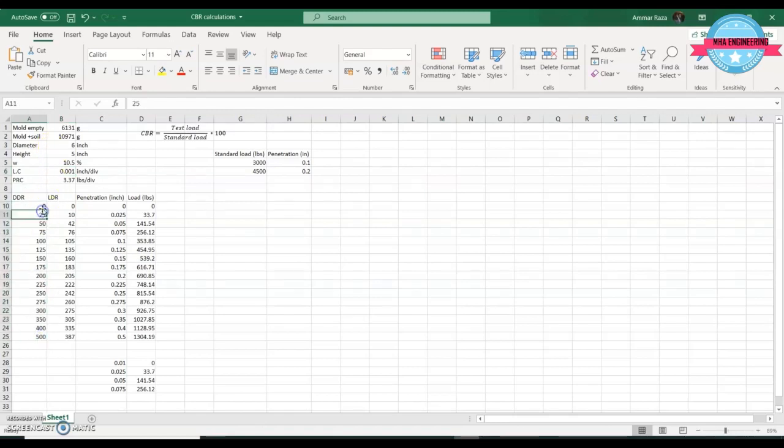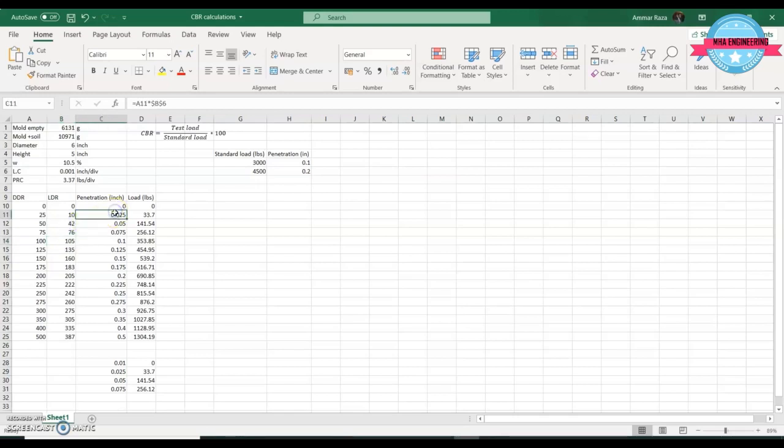So the test that you guys saw in the video, here are the deflection dial gauge readings. You can see from 0 to 300 there is an interval of 25. After that, from 300 to 400 the interval is 50, and after 400 we have an interval of 100 straight to 500. And these are the corresponding load dial gauge readings that we had determined while observing the deflection dial gauge readings.